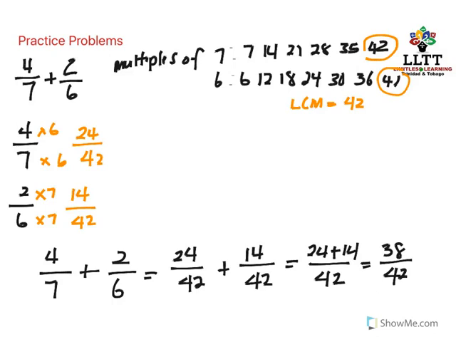You can look for numbers that are in common between 38 and 42. They're both even. So 38 divided by 2 is 19, and then 42 divided by 2 is 21. So your final answer is 19/21 if you're asked to simplify any further.